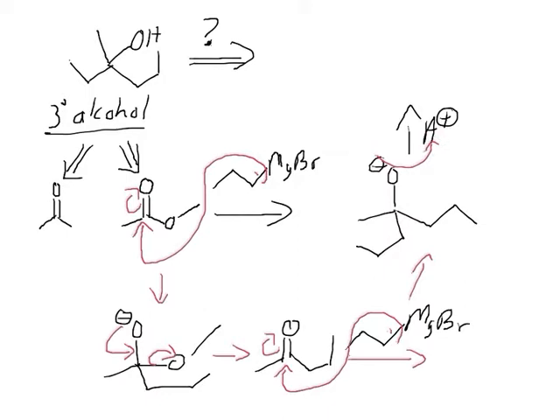Then we make the alcohol. But again, is this the right product? No. Remember, with esters, the same Grignard adds twice. So if you want to put three different carbon groups on and make a tertiary alcohol, you can't start with an ester. It has to come from a ketone. Does everybody see that?